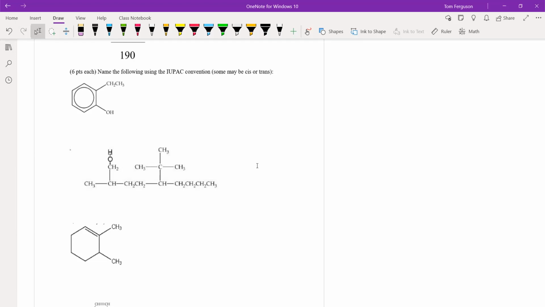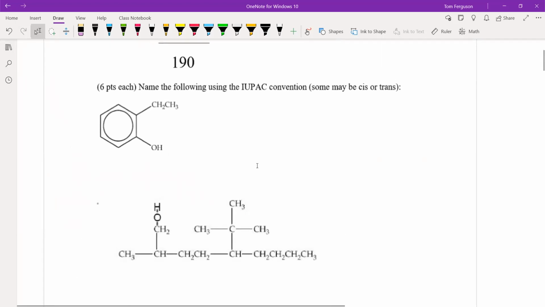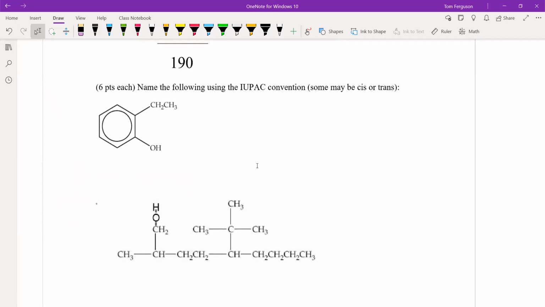So what do we have here as a base? That's right, there's a benzene there, there's an alcohol there. What is the benzene alcohol? What's its name? It's a special name. Phenol. So that automatically makes that carbon number 1.